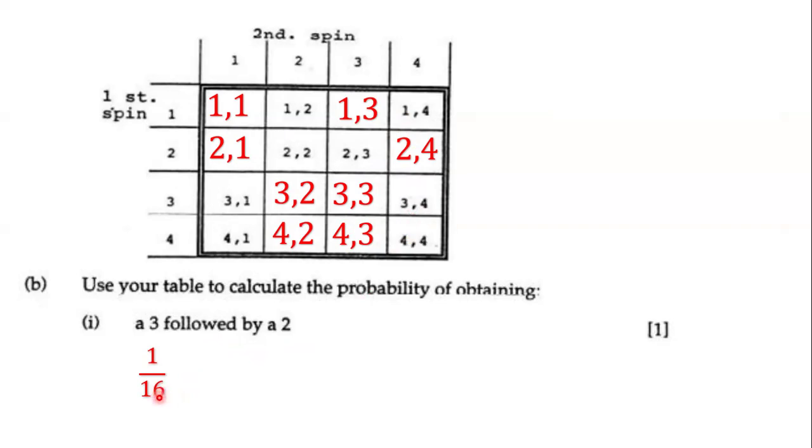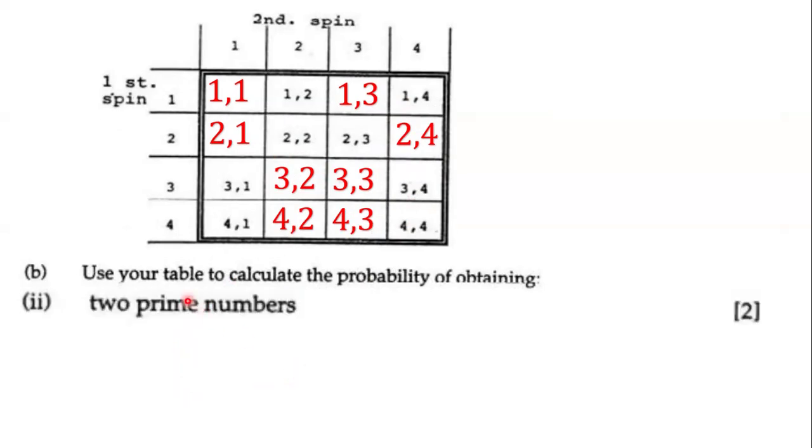But in order to get a 3 followed by a 2, that only happens once, right? That happens once right there. So it's going to be 1 over 16. That's the probability of getting a 3 followed by a 2. And if we divide this, we get 0.0625.